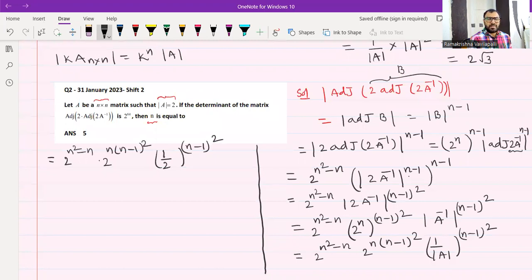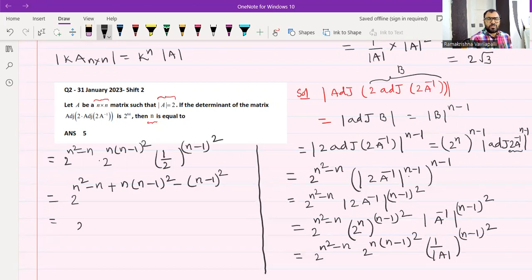Now it's all left to simplify the power of 2. So it becomes 2 to the power of n square minus n plus n into n minus 1 whole square, and here you can write minus of n minus 1 whole square.